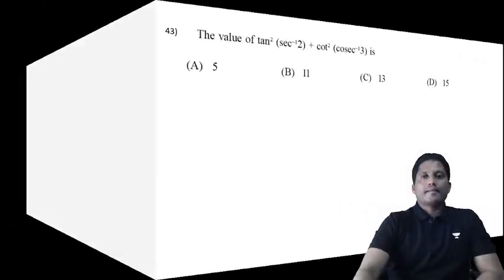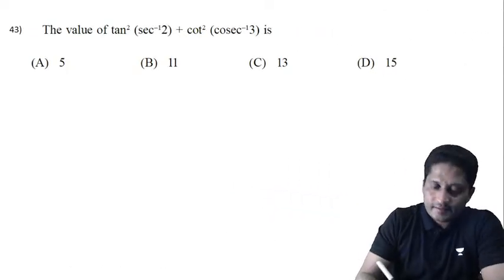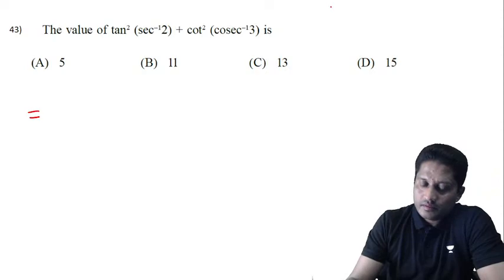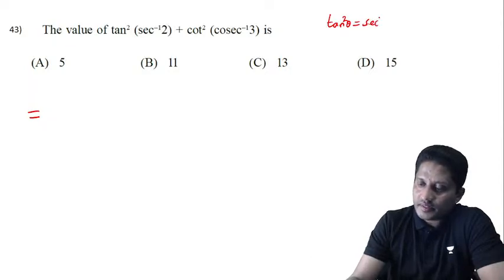Question number 43. See, tan square theta can be written as sec square theta minus 1, right? And cot square theta can be written as cosec square theta minus 1.